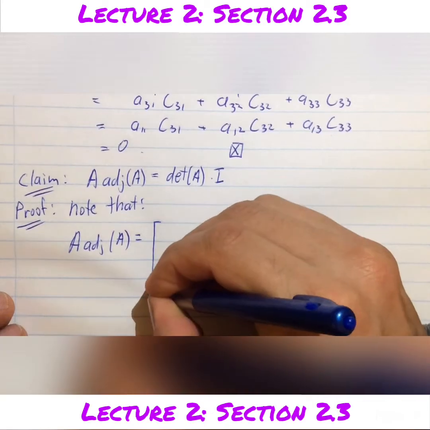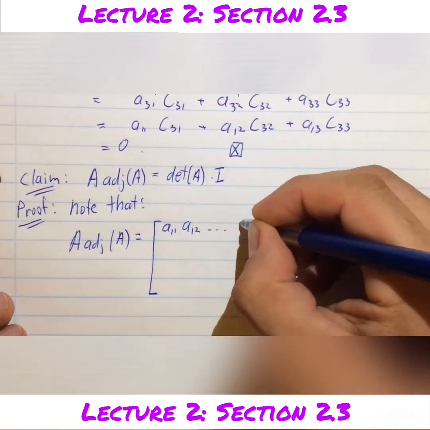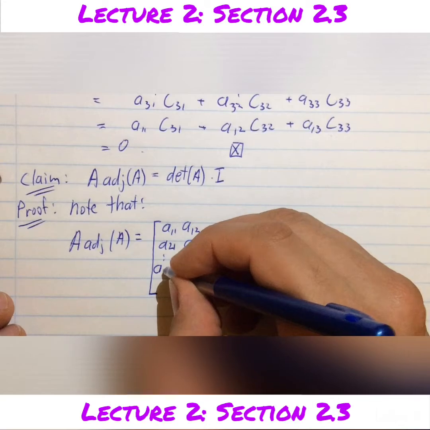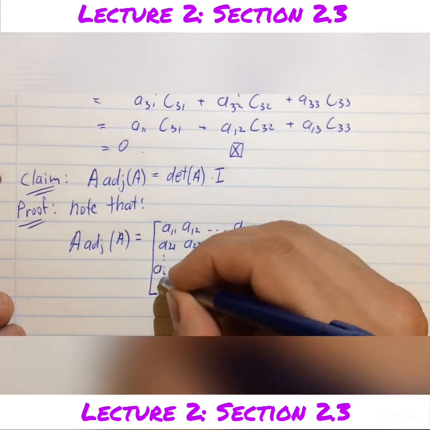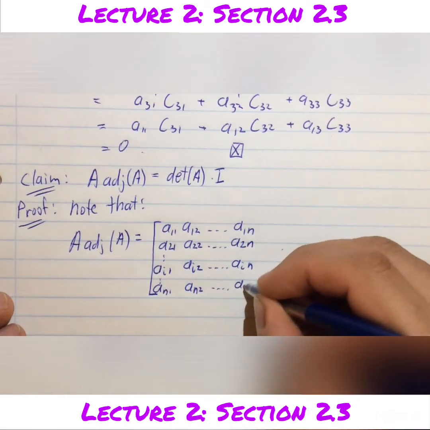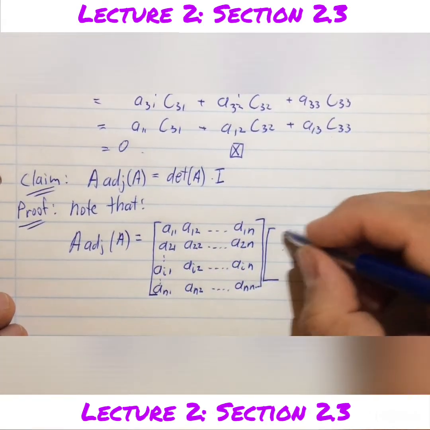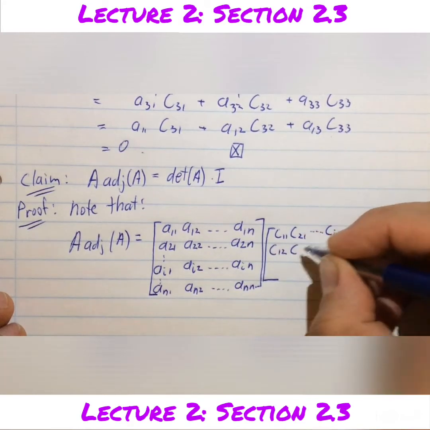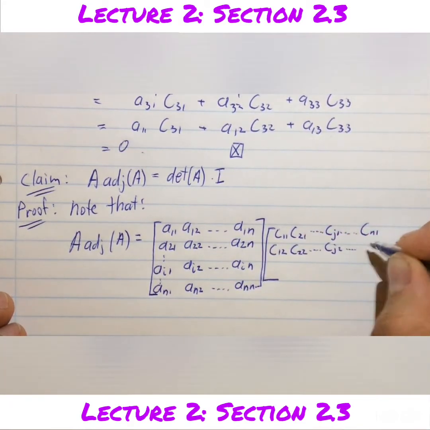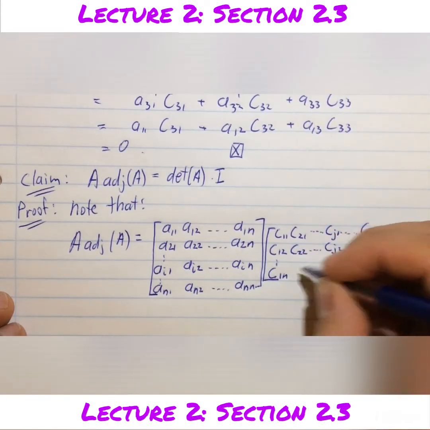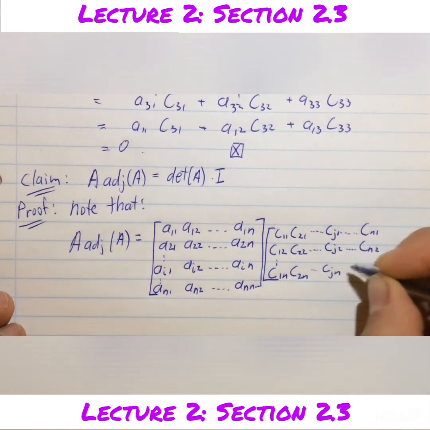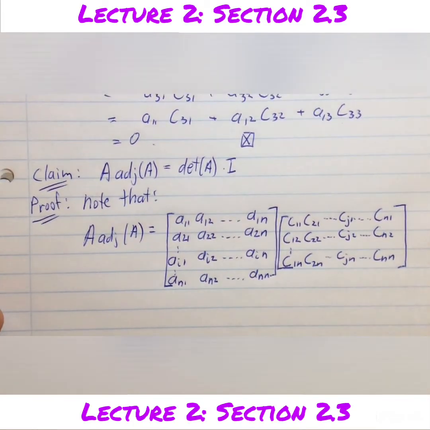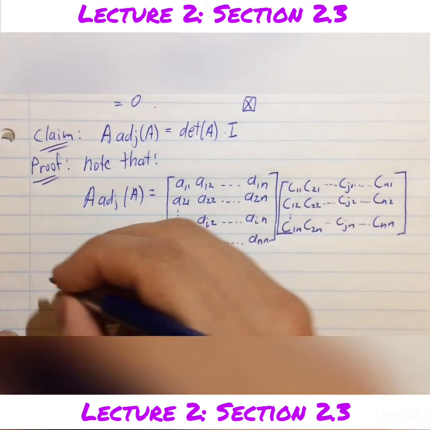So if we take a general matrix A, okay, so if we look at this product, what does the entry in the ith row and the jth column look like?